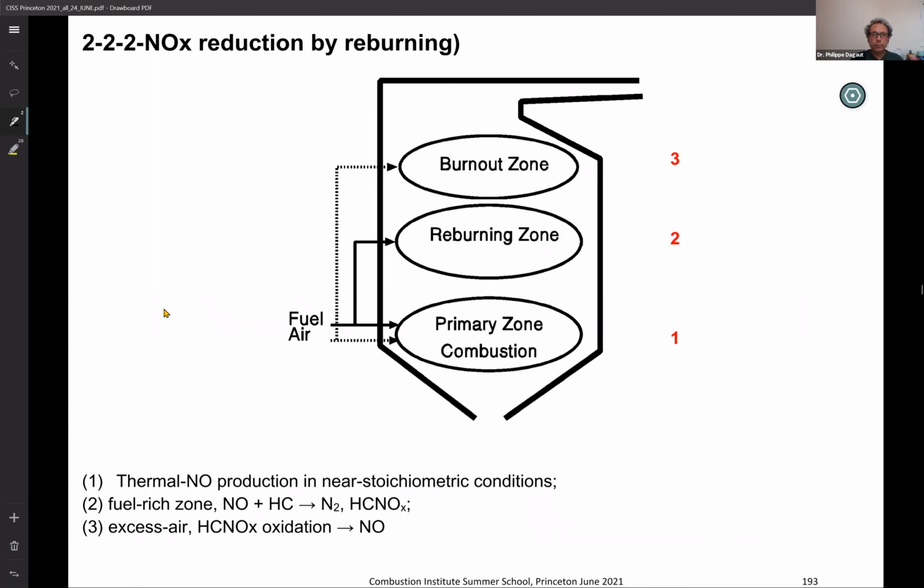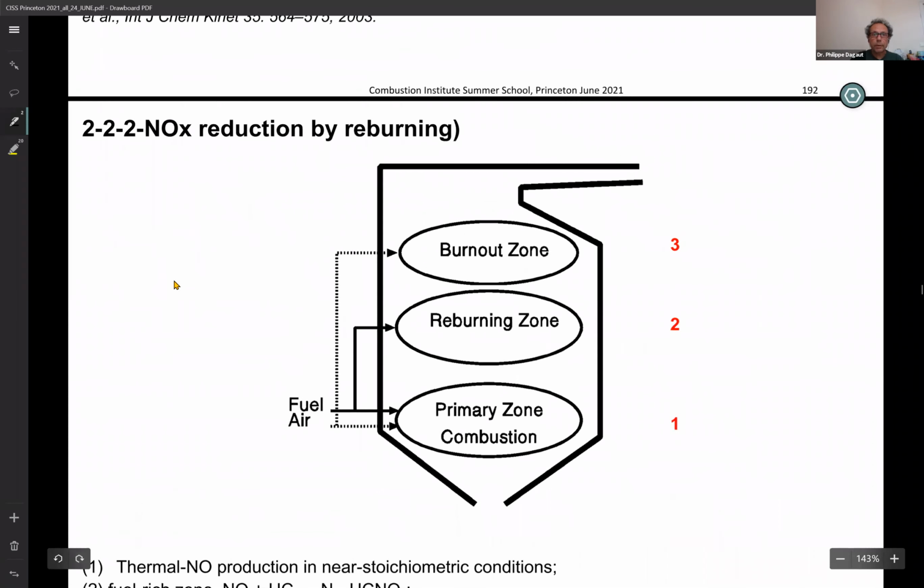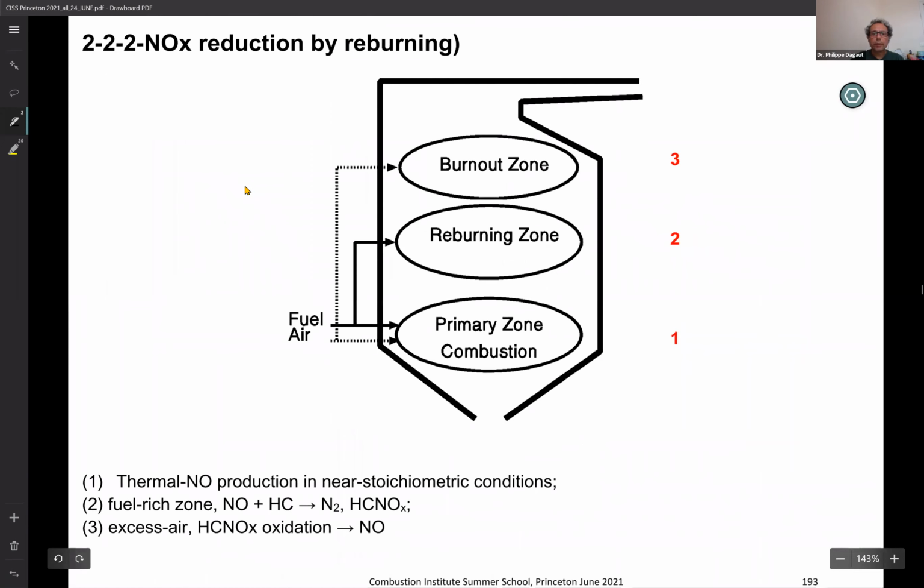Another possibility to reduce NO is through the so-called NOx reburning. So there you have this furnace where you have a primary combustion zone here, where you burn the fuel in near stoichiometric conditions, and you produce NO, at least through the thermodynamic mechanism.